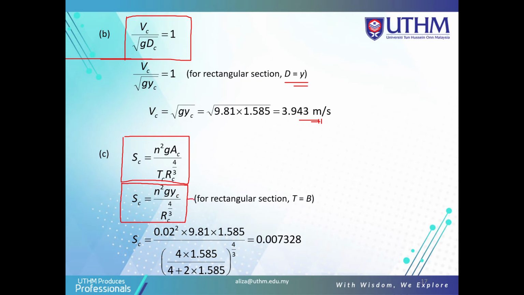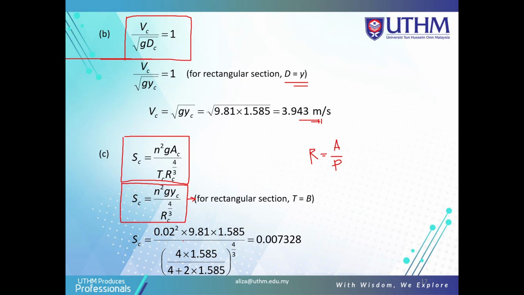Now we put all the values here. You put 0.02 for the N, and G is 9.81, and the YC we get is 1.585. The RC, we know that R is equal to A divided by P, so you must find it based on the rectangular channel.